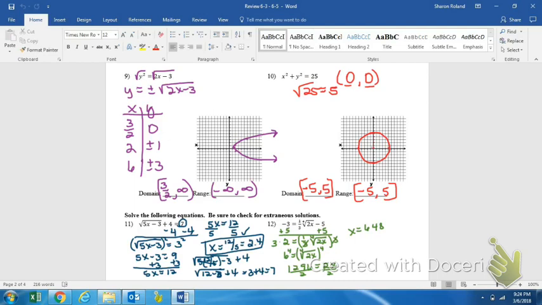Okay, plug that back in, and let's see if this works. That's going to be 1/3 the 4th root of 2 times 648 minus 5. 2 times 648 is 1,296.